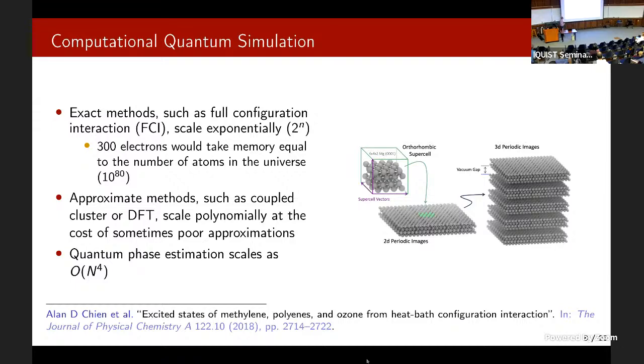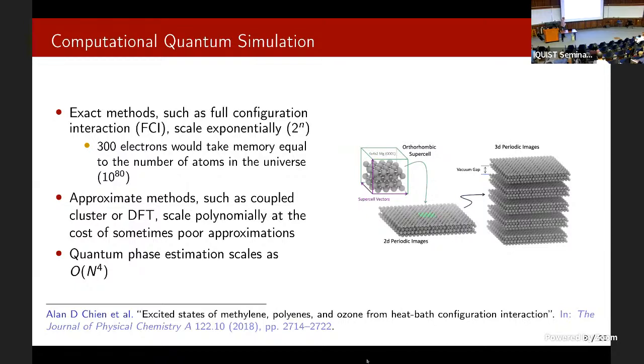There are a bunch of approximate methods, DFT, density functional theory, being the one that is most often used to solve these types of problems. But these scale polynomially, which means you can do very large systems, but the cost is you have a poor and sometimes uncontrolled approximation, so the answer is just not accurate enough to convince an experimentalist or an engineer to go build the thing for you.